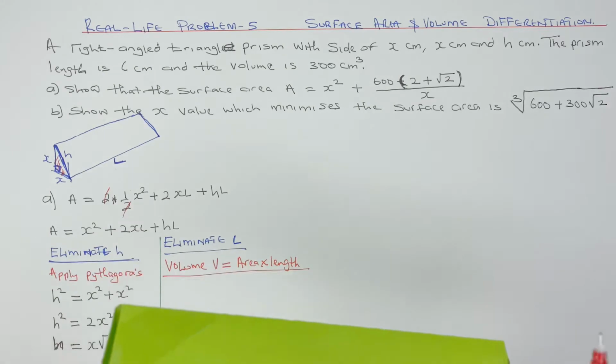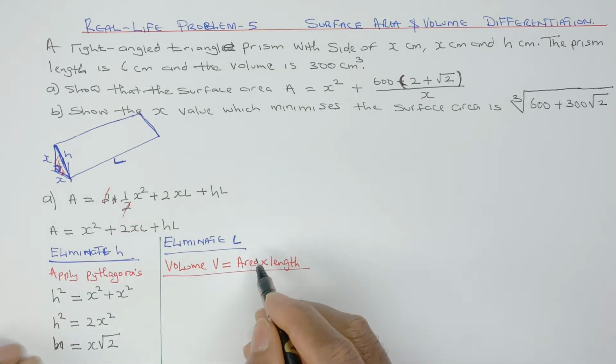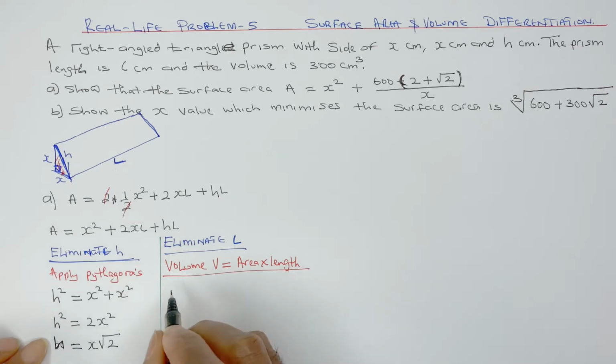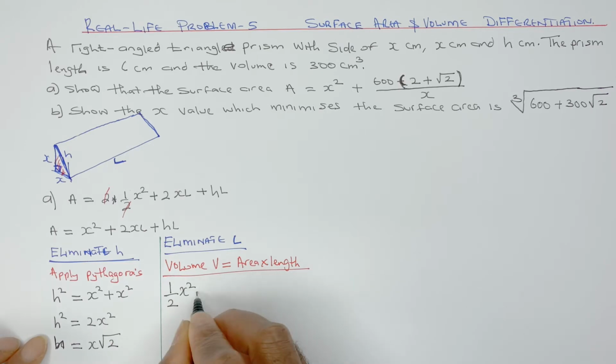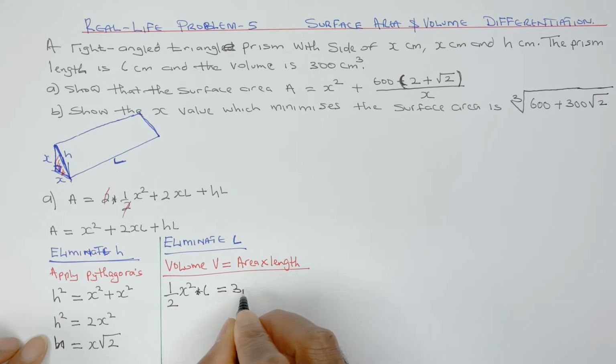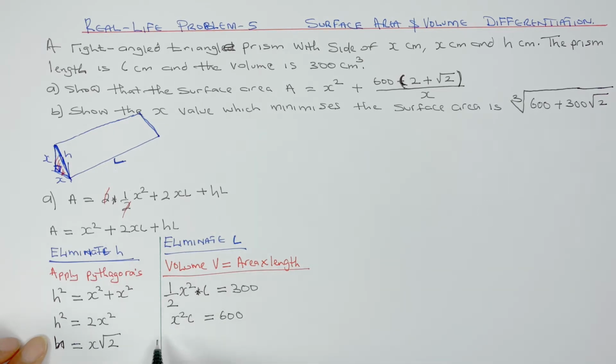That's why it's called a prism. The area of the right angle triangle is a half x squared, times L, and that equals 300. If I multiply both sides by 2, we get x squared L equals 600. If I divide both sides by x squared, L equals 600 over x squared. So we now know L and H in terms of x.